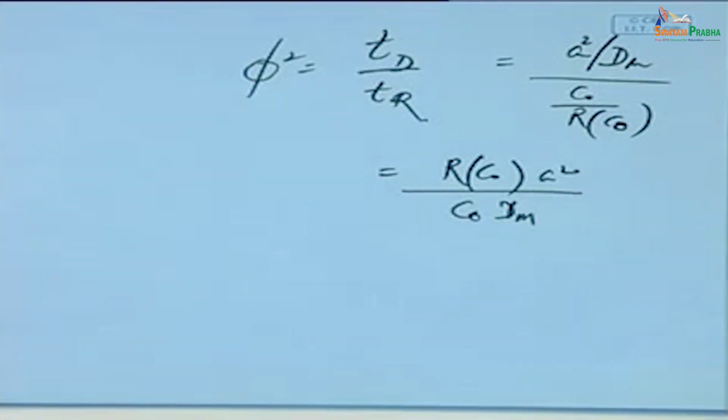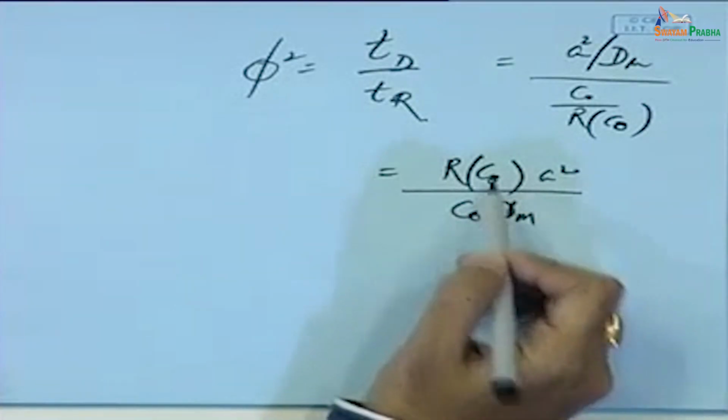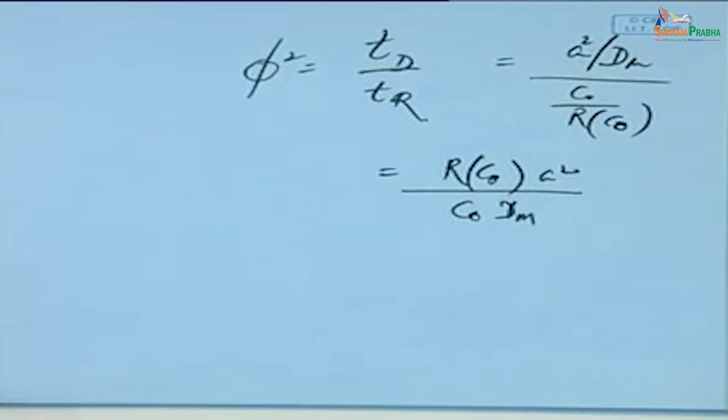Fine. So what you find here is that if the reaction rate is faster, the Thiele modulus is essentially proportional to the reaction rate. The question is, what is this reaction rate? When you write a Thiele modulus, you write the reaction rate in terms of C naught, right? What is C naught? What is the concentration?